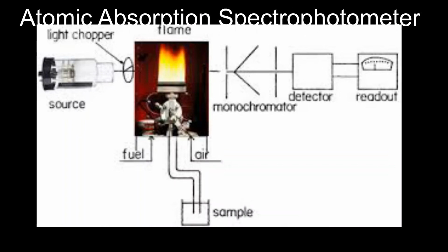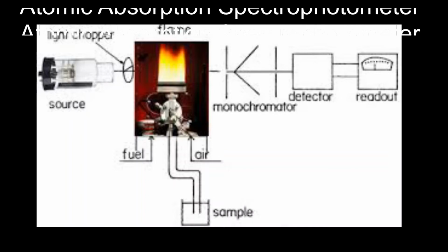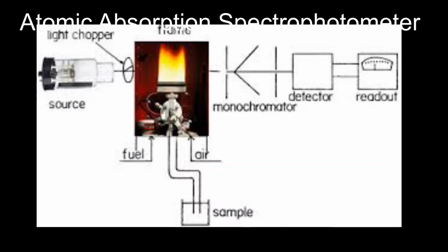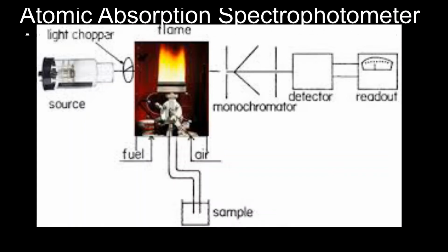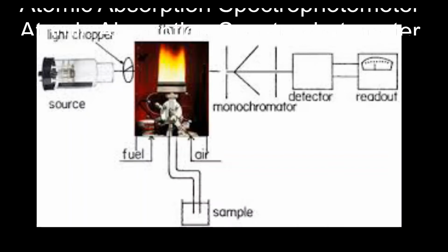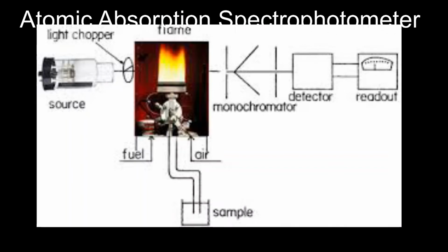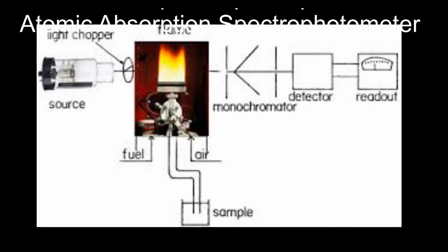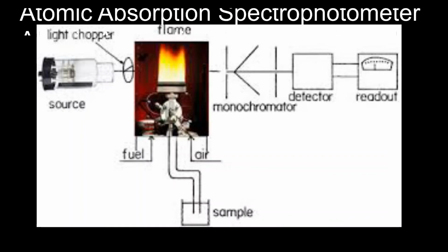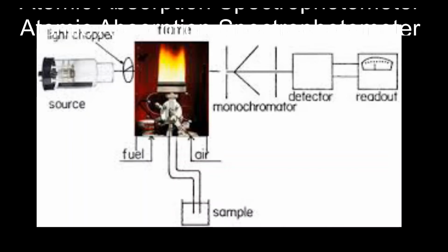The intensity of the radiation normally corresponds to the most intense emission line of the metal that is measured. For example, copper shows an intense emission at 324.7 nanometer. So this wavelength is the one which copper atoms will absorb when a metal sample is introduced into the flame.